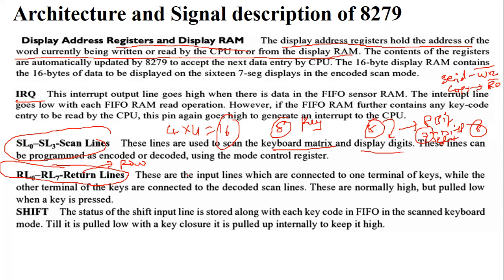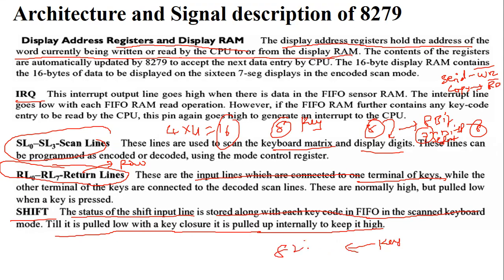By using these input lines, we connect the keyboard, connected to one terminal of the keys. Then shift: the status of the shift input line is stored along with each key in the FIFO. It is pulled up internally to keep it high, and pulled low with a key closure. The shift key transfers the information from the keyboard to the 8279.